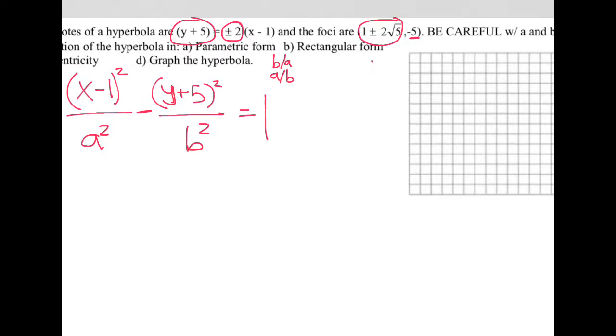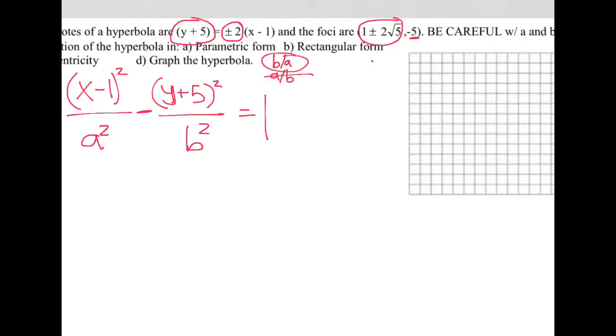That is going to help us identify whether or not we need a over b or b over a. Well, notice that a is with x, which means that a is running horizontally, which means it is our run. And b is with y, which means it is going vertically, which means it is our rise. And so we need b over a.